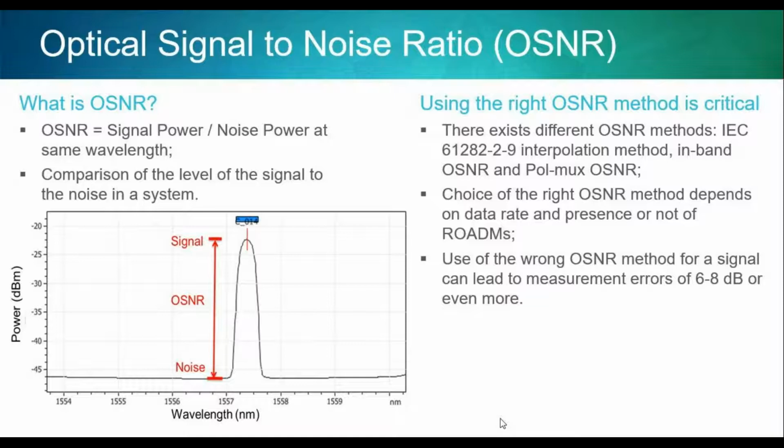They didn't have to rebuild and repull the fibers. It's just a question of using the right OSNR method that made a huge difference. They saved about $100,000 just by doing the proper measurement with the right OSNR method.